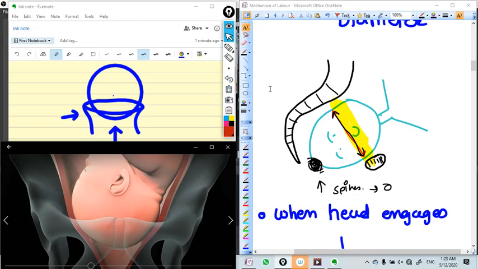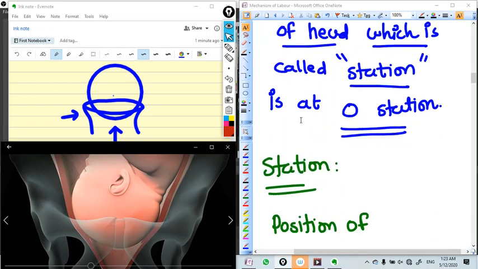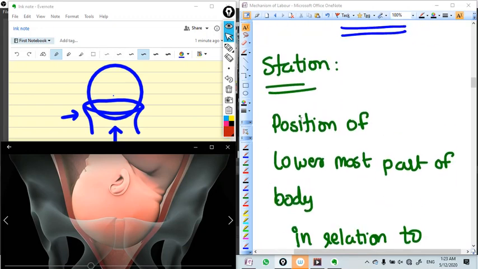Now let's go ahead. One important aspect you need to understand is station. What is station? When we talk about 0 station, +1 station, -2 station, what is actually the station?